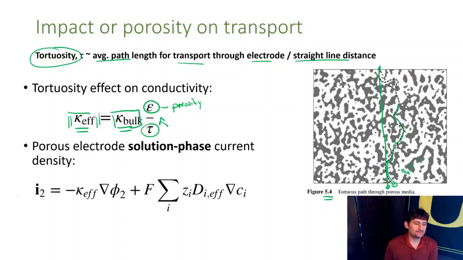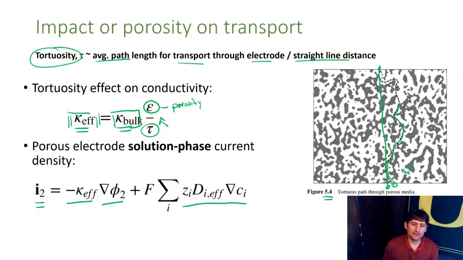So we can write the current in the solution phase, this is I2, the current density, as the effective conductivity times the gradient in electric potential in the solution, plus Faraday's constant times the sum of all the diffusion currents from all the species, right?